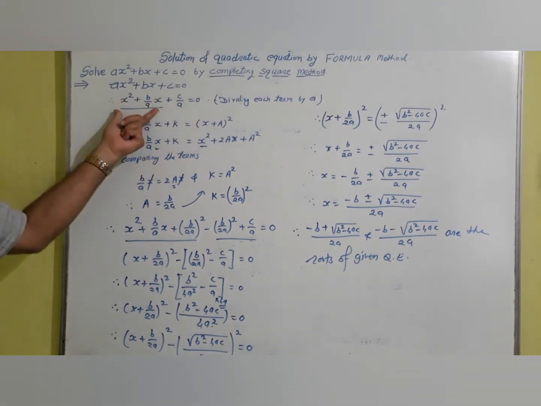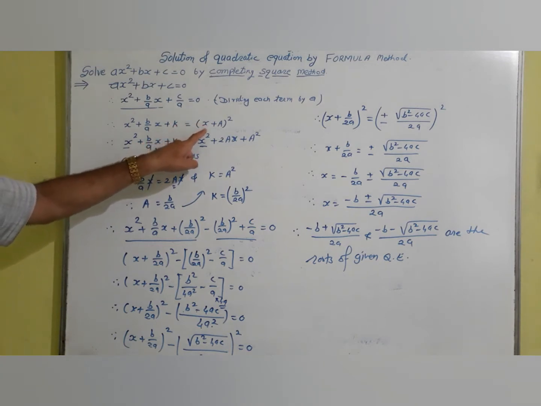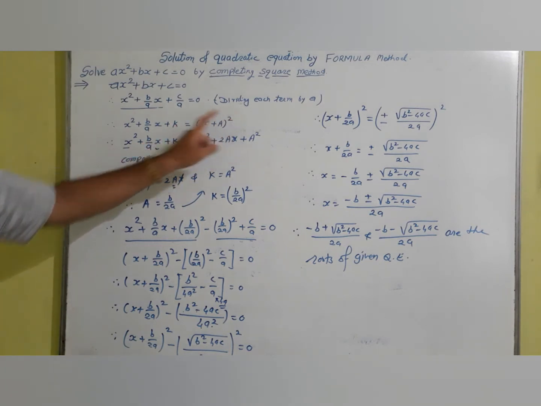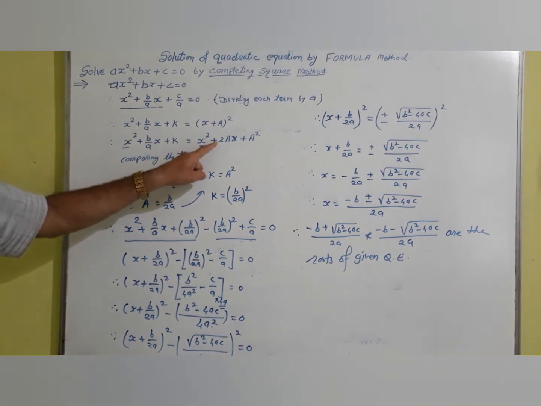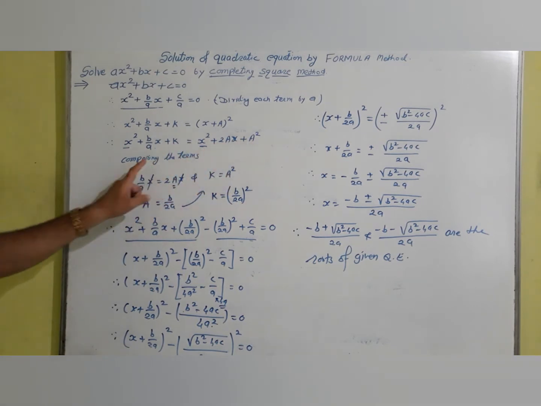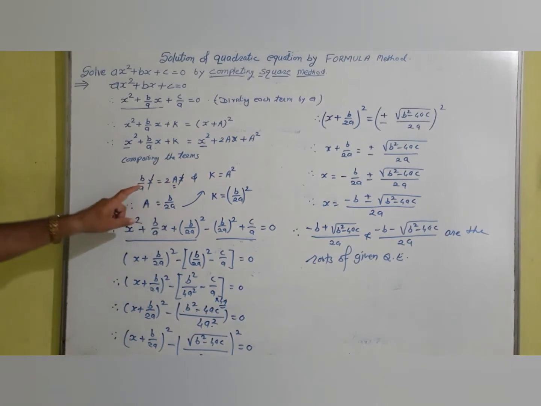Now first two terms, making them perfect square, we add k. Then it is a perfect square of x plus a whole square. Simplifying it, x square plus b upon a multiplied by x plus k is equal to x square plus twice ax plus a square. Now comparing the terms as per the completing square method.